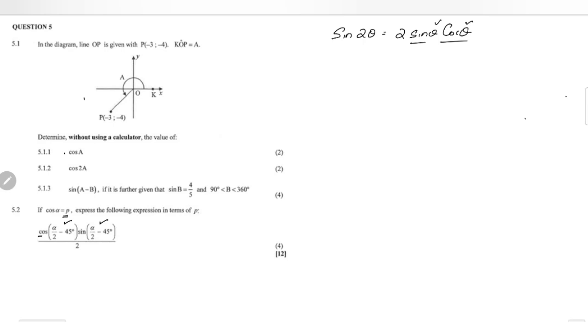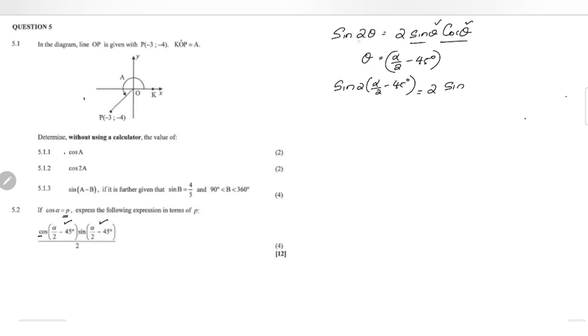Did you see that sine and cos are together and the angles are the same? What do you get if you replace theta with this binomial? In the place of theta, what am I going to write? Alpha by 2 minus 45 degrees. So you can see something like what is asked in the question, isn't it? Wherever I see theta, I have to write this binomial with the bracket. Sine 2 bracket alpha by 2 minus 45, close the bracket, is equal to 2 times sine, again theta.